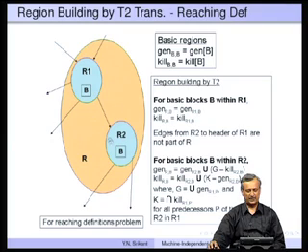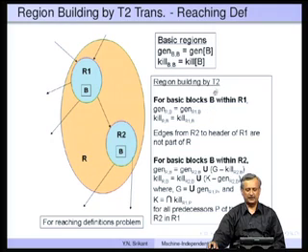Now, the structure is available to us, how exactly the transformation happened. So, given the transfer functions gen and kill for R1 and R2, how do we compute the transfer functions gen and kill for the region R for the same basic blocks B in these two? Okay.